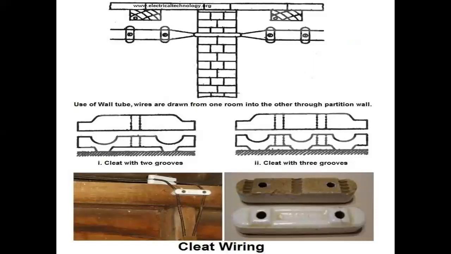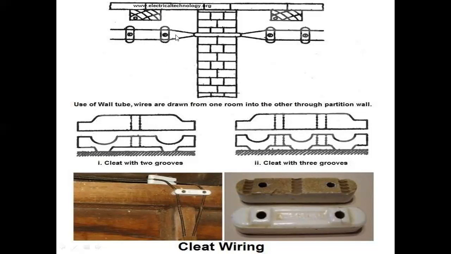And here you can see the image of cleat wiring. Only the clips are there, the cleats. These are called clips or cleats, which are used to fix the cable on the wall. The cable is open to the atmosphere, so you can easily see the cable directly. Only the cleats are used to fix the cable on the wall.